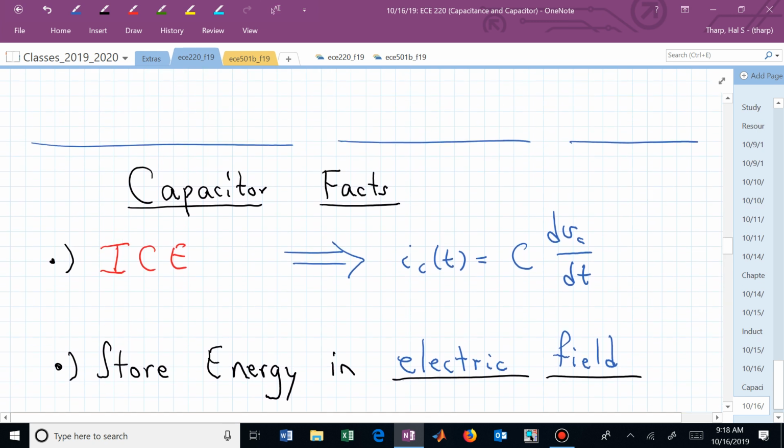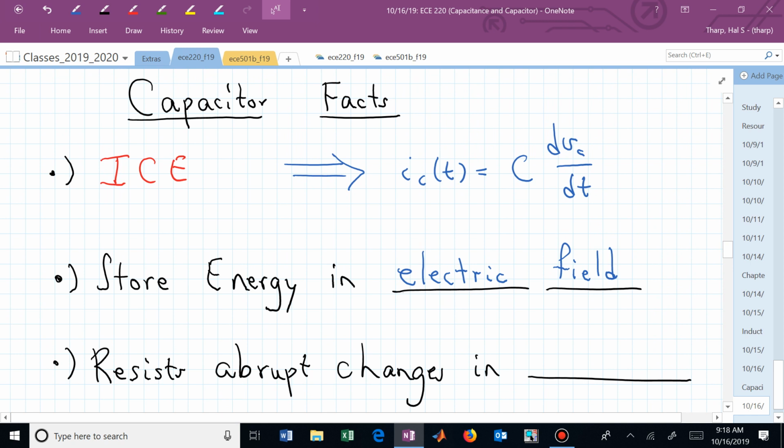This, if you look at the ICE equation, I is equal to C dV dt, that hopefully tells you the answer to the next fact. A capacitor resists abrupt changes in, and now you look at ICE and you go, okay, what's going to cause problems in this expression?